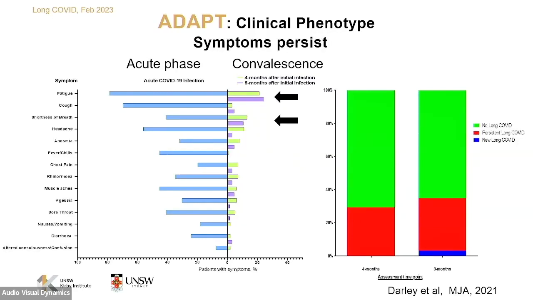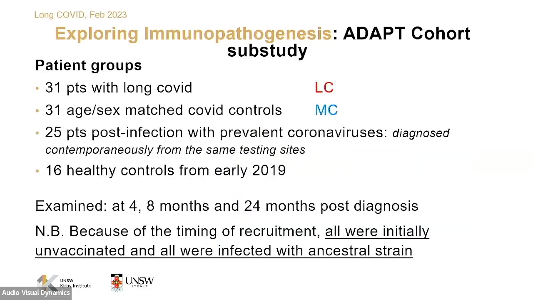At 4 and 8 months post-infection, the most common symptoms that continued were fatigue and shortness of breath. 30% of people in this cohort had symptoms consistent with long COVID at 4 months, and these persisted out to 8 months. So we took those 31 long COVID patients and matched them with 31 age and sex matched controls from the same population.